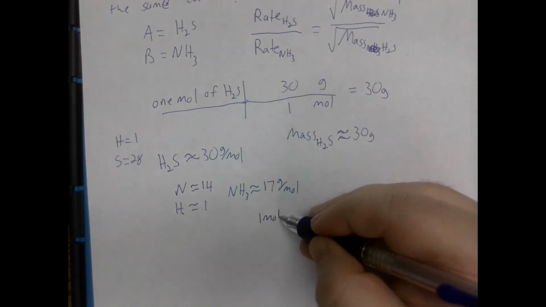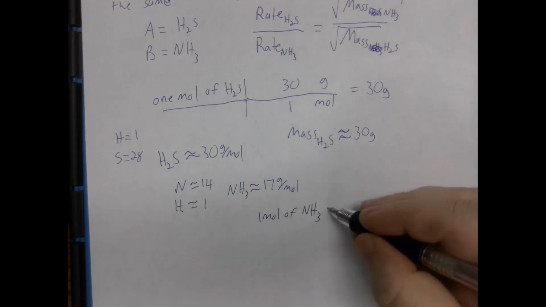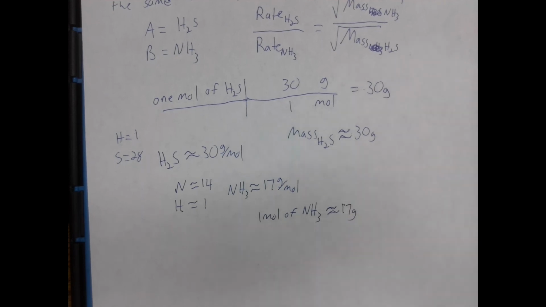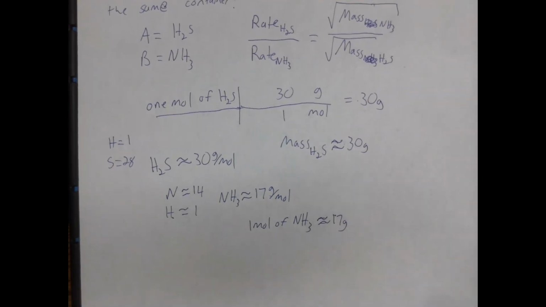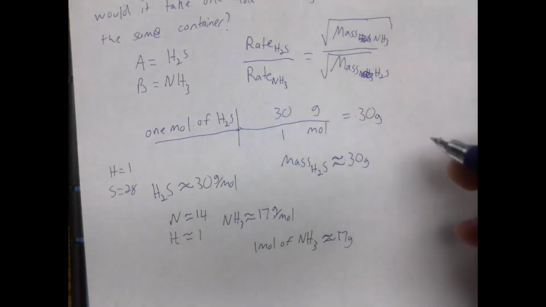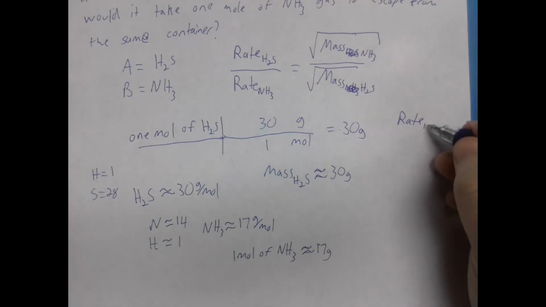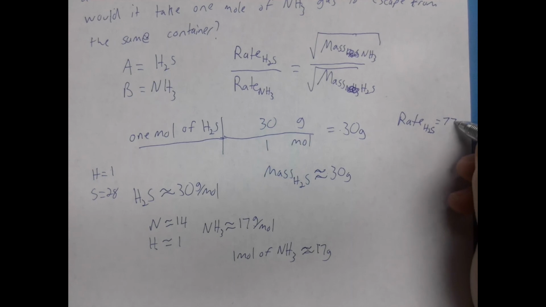So 1 mole of NH3 is equal to about 17 grams. And we know that for the rate we can use time. So the time for H2S is 77 seconds.